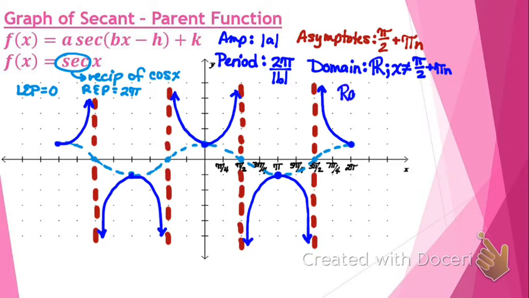What about the range? Negative infinity to negative 1, bracket, union, 1 to positive infinity. Beautiful.